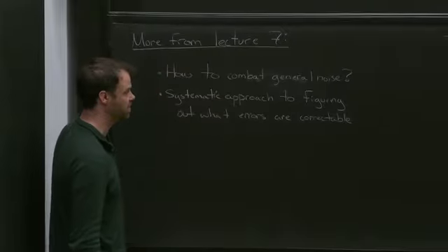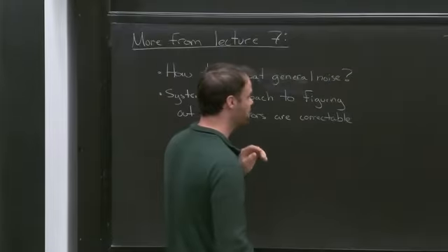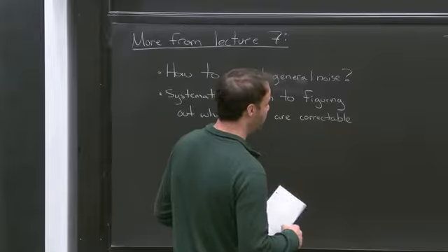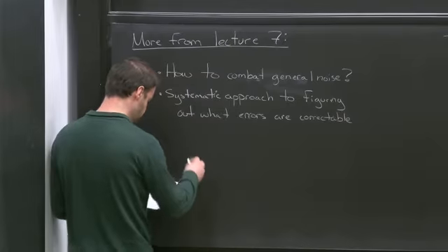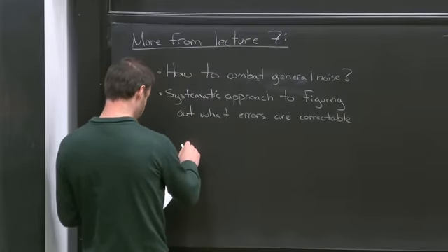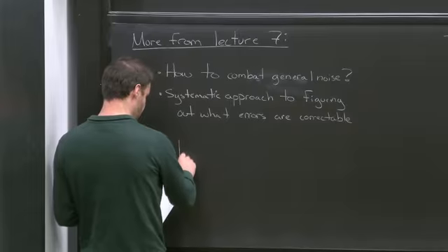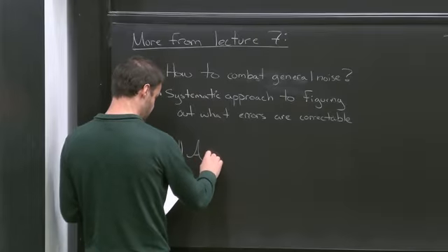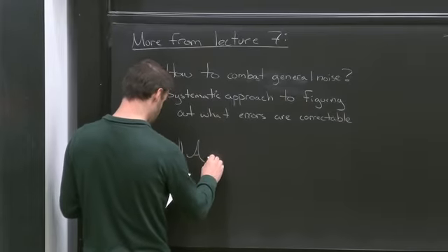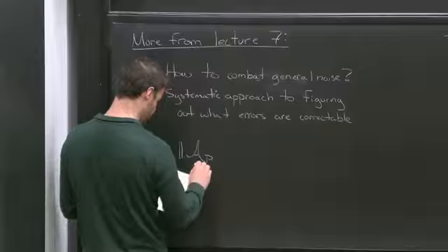So how do we combat general noise? The first thing I want to do is move from, let me write down what I mean by general noise first. In particular, we can think about a channel, a curly A, that acts on my physical space.